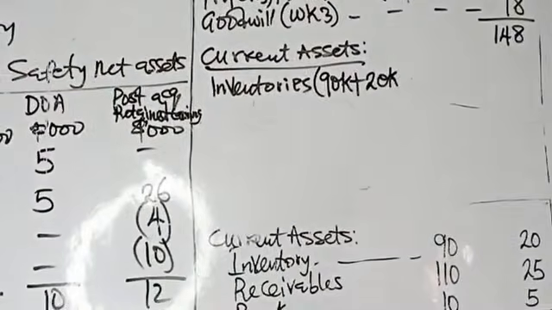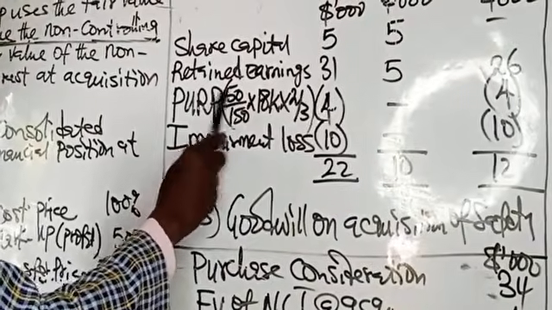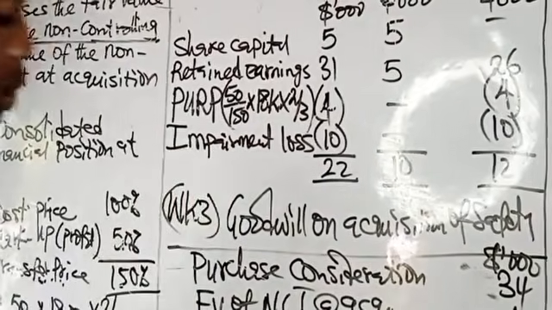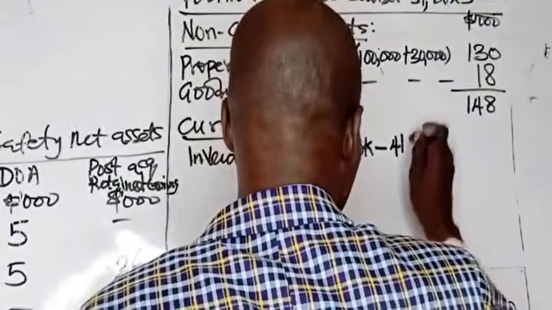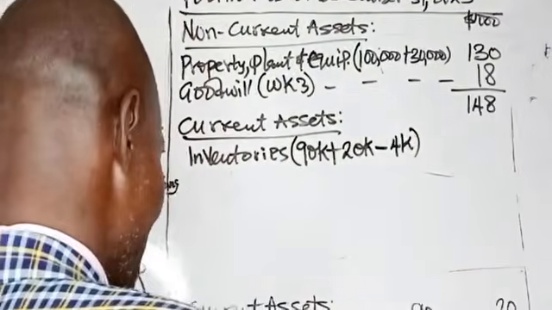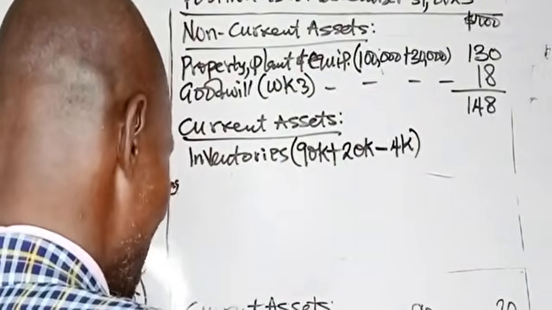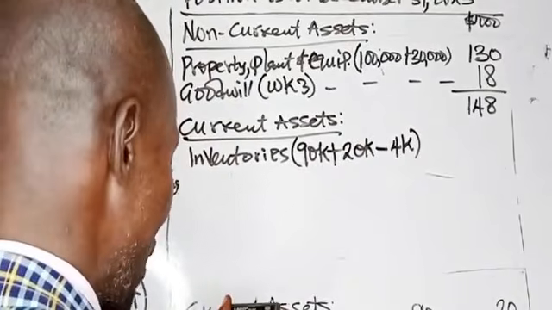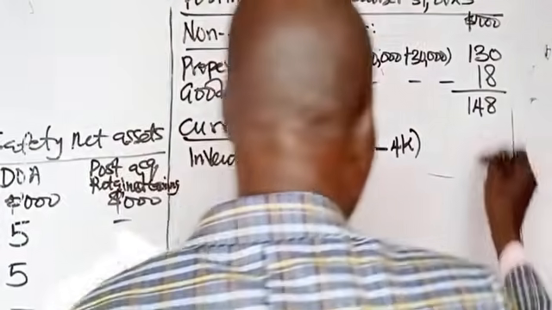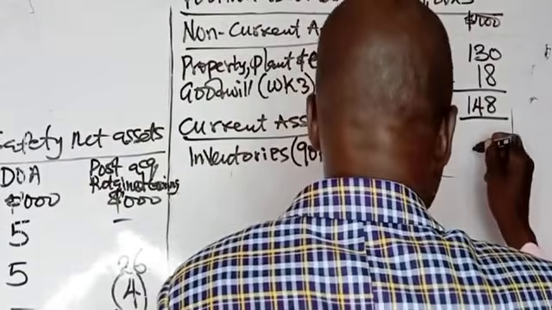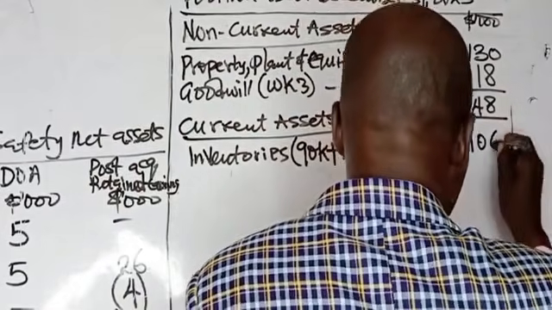We calculated the provision for unrealized profit and got 4,000. That unrealized profit should be eliminated from our inventory. So 90,000 plus 20,000 minus 4,000. So our inventory is totaled 106.